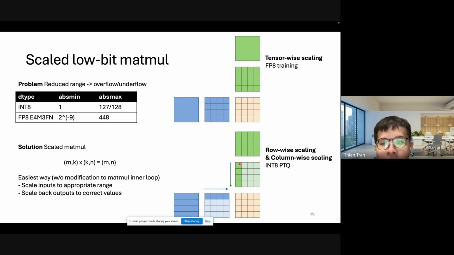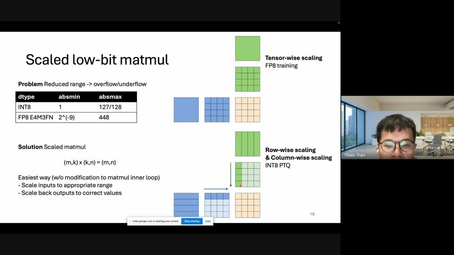And for the weight matrix, when we do it normally in PyTorch, the weight is transposed. So we don't do A times B, it's actually A times B transpose. So the weight is also row-wise scaling. But if we just look at the picture of the matrix multiplication, it becomes column-wise scaling.